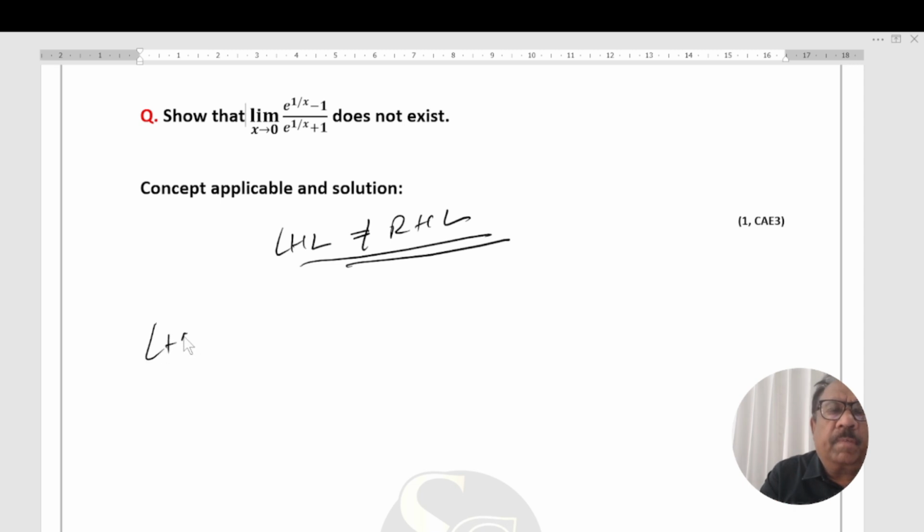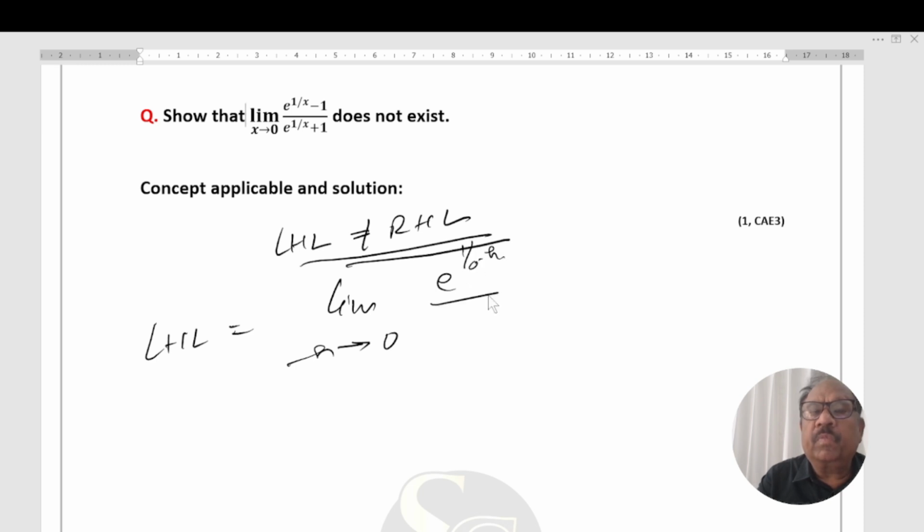Left hand limit will be limit h tends to 0 of (e to the power 1 over (0 minus h) minus 1) upon (e to the power 1 over (0 minus h) plus 1).